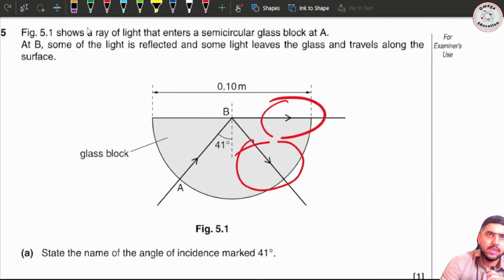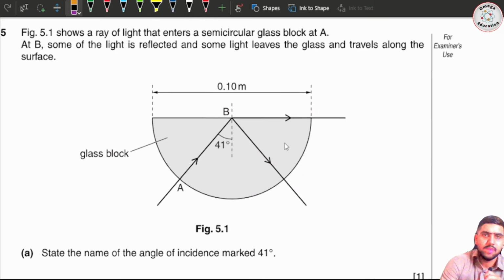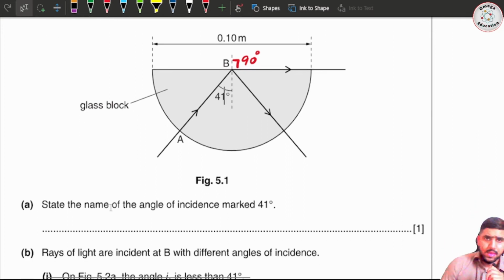And we notice that when the light is being refracted, it is being refracted at an angle of 90 degrees. Like here, that angle is 90 degrees. So state the name of the angle of incidence marked 41 degrees.